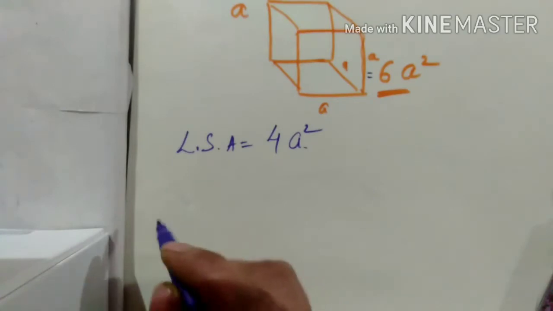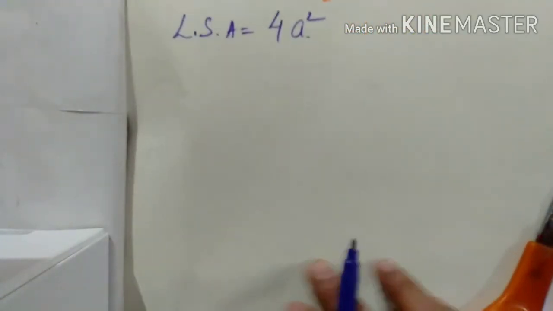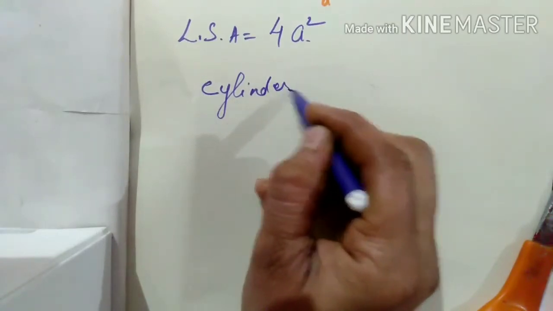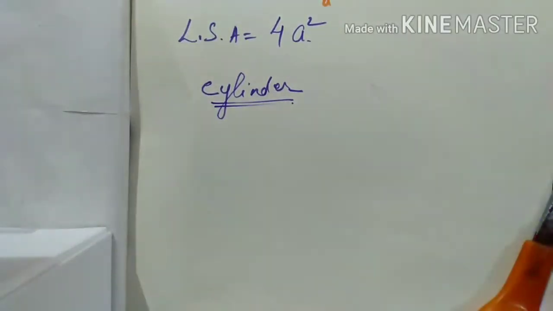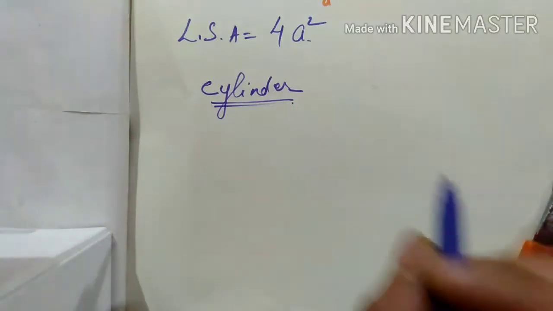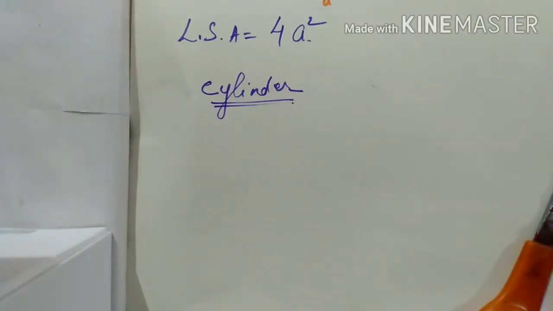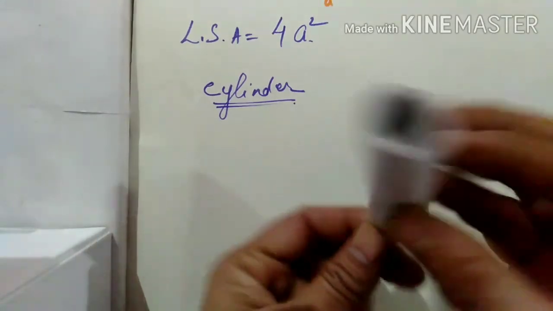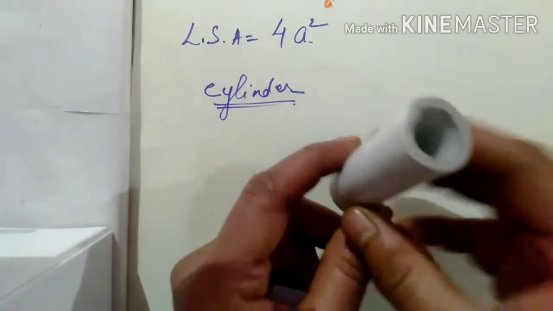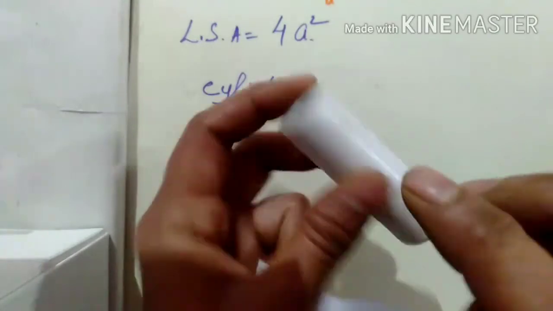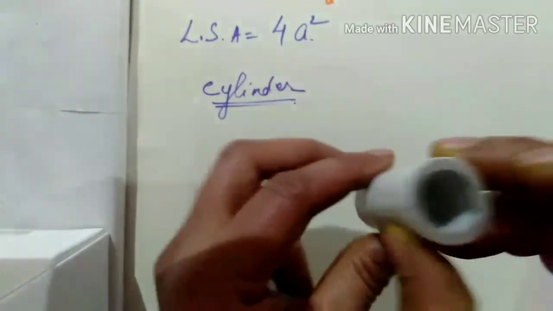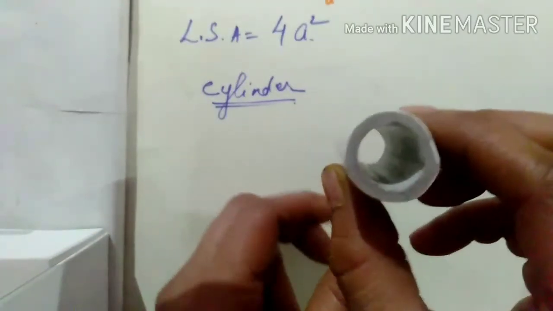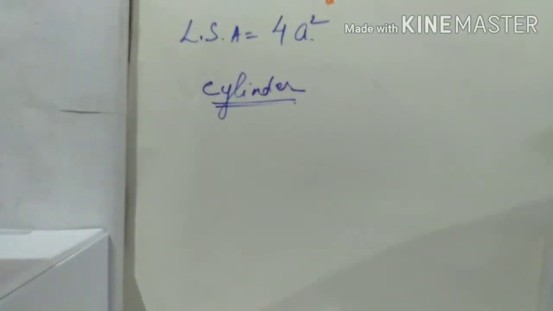Now we move to the cylinder, another geometrical solid. You can just understand the cylinder by looking at this one. This is round in shape and has two circular ends. So this is an example of a cylinder.